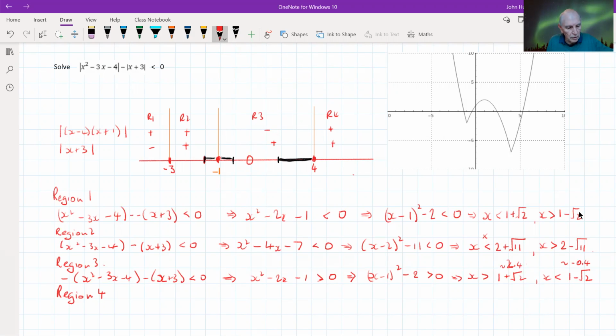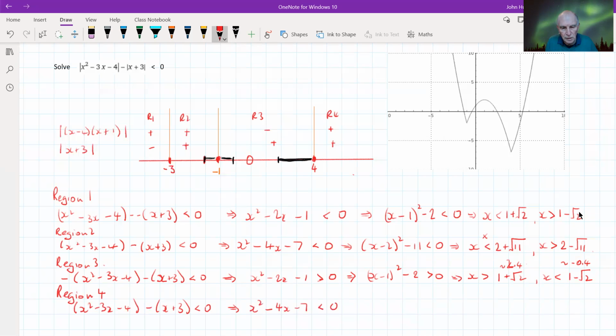So region 4, let's have a look at this. So now we'll rewrite our inequality, less than 0, because these are both positive now. And so simplifying this, going right through the process, I won't do all the algebra here.